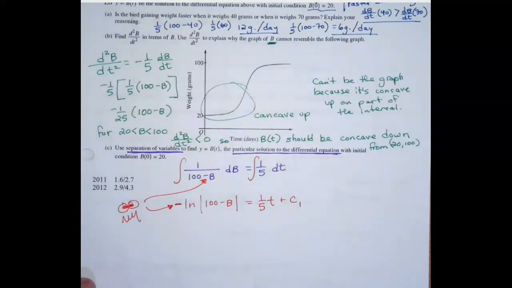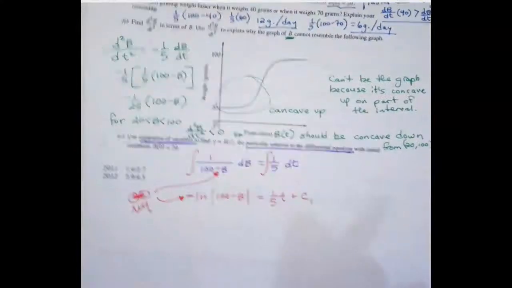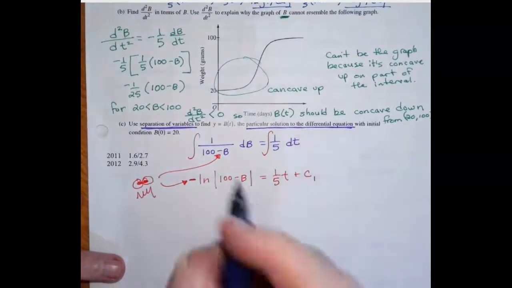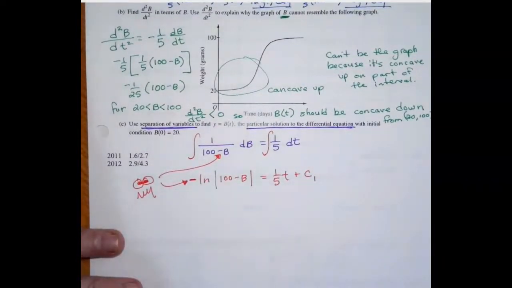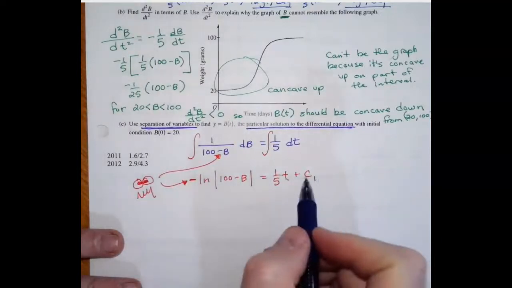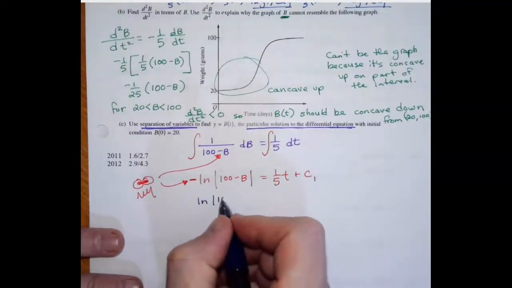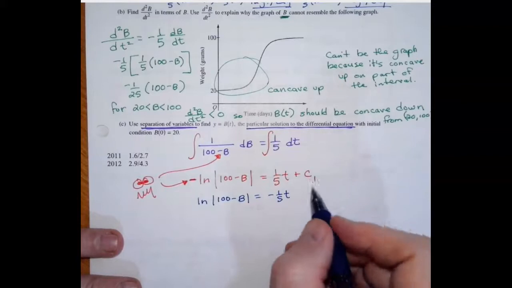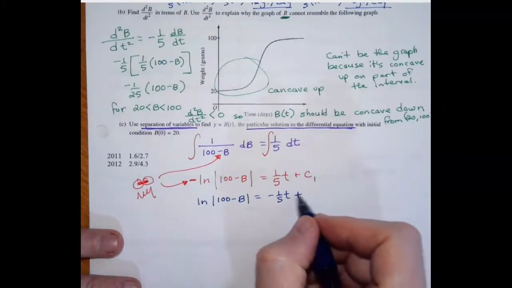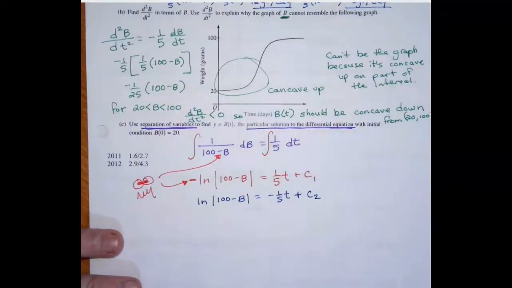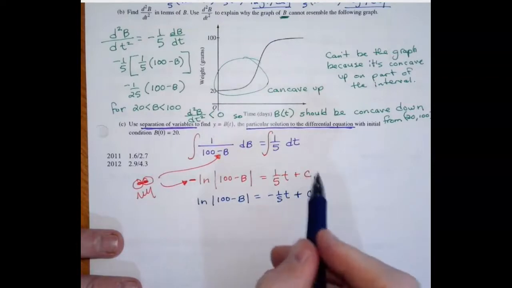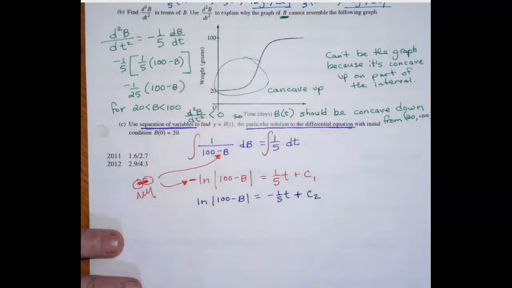With that natural log, actually, I'd rather knock that negative out of there. So switch this to negative 1/5 t, and maybe call that C2, because it was multiplied by a -1, so this value is different than that value, so that's what we're indicating there.